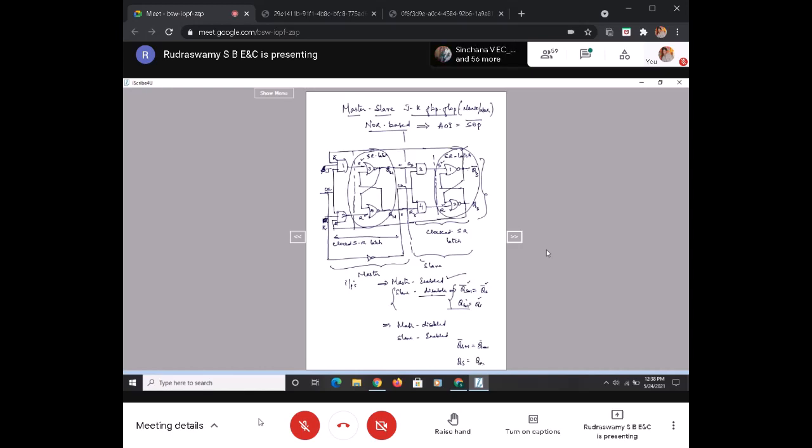Whatever input I am getting at this point and this point will go to QS bar and QS. And any change in the output of slave doesn't affect the master because master is disabled. Any changes in the slave output, which is acting as one of the master inputs, don't have any effect there.